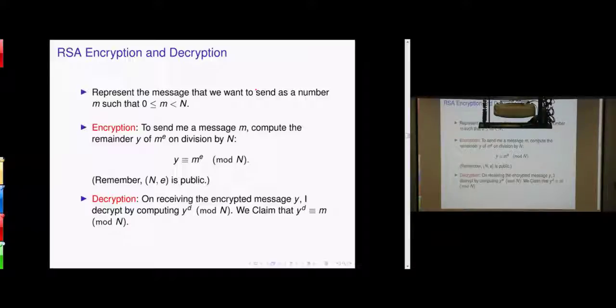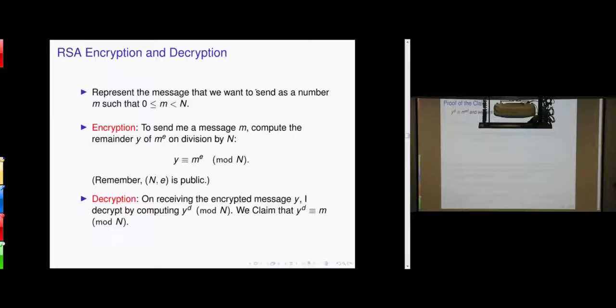In the next slides, I will convince you that y to the power of d indeed is congruent to m modulo n. So if I compute y to the power of d, then compute the remainder, I'll get your message m. For this part, we are going to use Euler's theorem and so on.